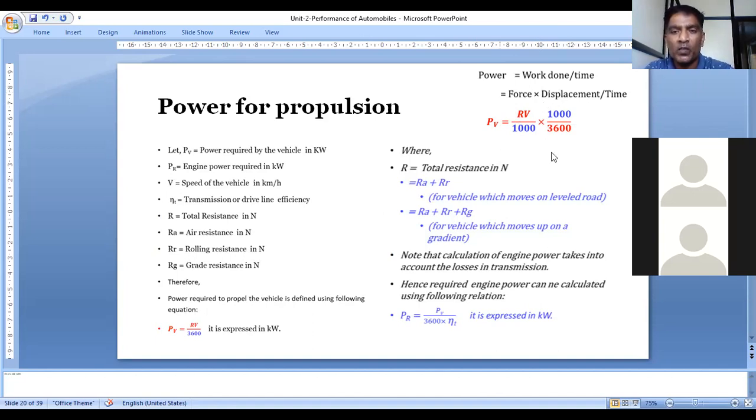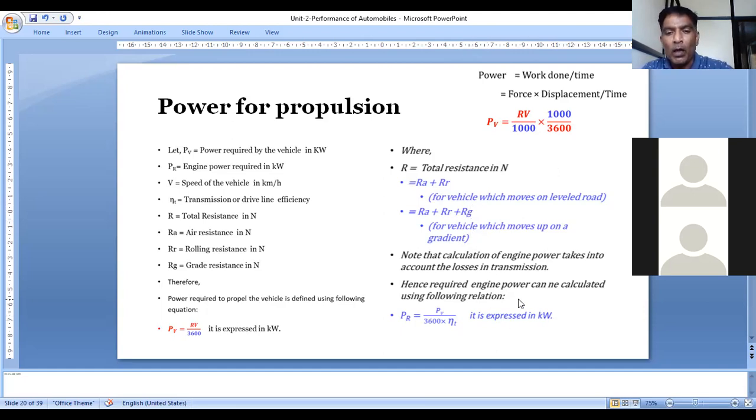The term R is the total resistance in Newton. For a vehicle moving on a plain road, the total resistance is equal to RA plus RR. For a vehicle which moves up a gradient, the third term, RG, the resistance due to the grade, is included.